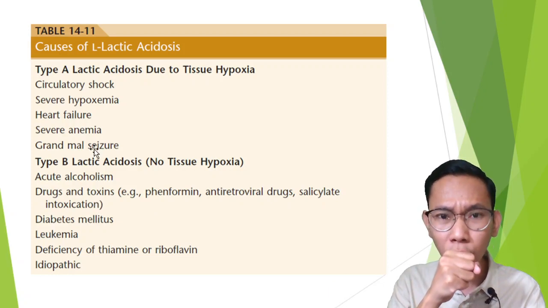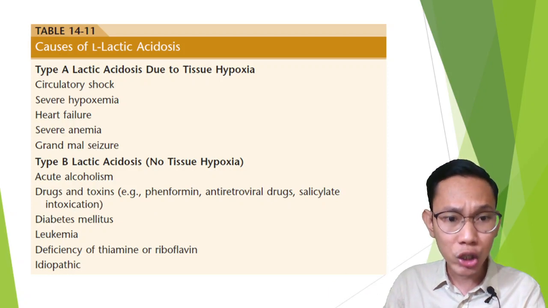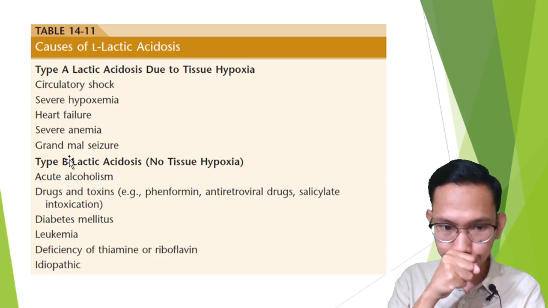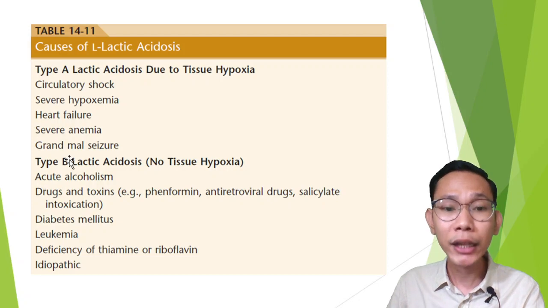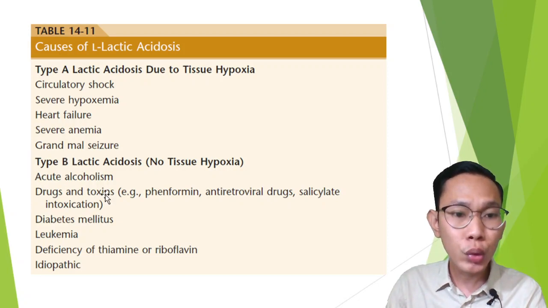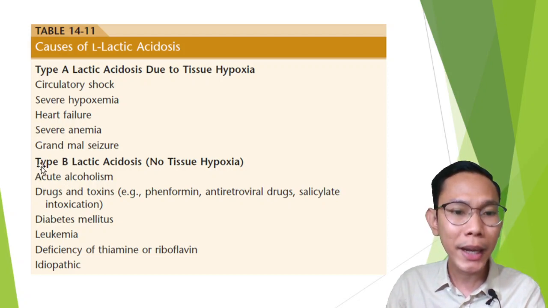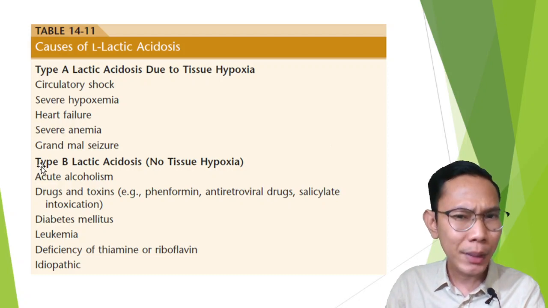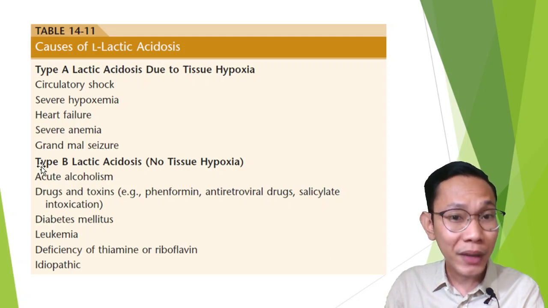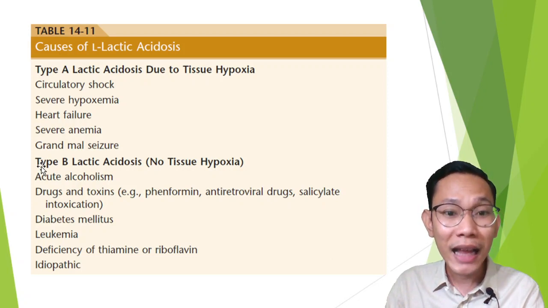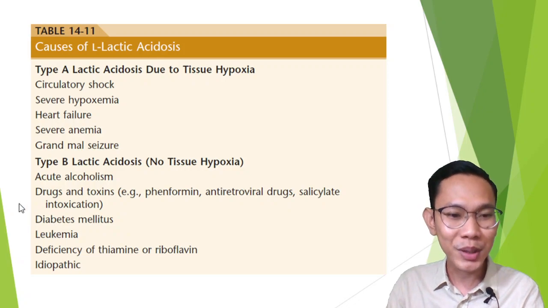Kasi nga sa acute alcoholism, there will be formation of reduced nicotinamide adenine dinucleotide. So, mas maraming na-produce na reduced nicotinamide adenine dinucleotide. Pag maraming reduced nicotinamide adenine dinucleotide, anong nangyayari? Nagfi-favor into the formation of lactic. So, kaya nagkakaroon tayo ng lactic acidosis. And also, remember your diabetes mellitus, nagkakaroon tayo ng diabetic ketoacidosis.